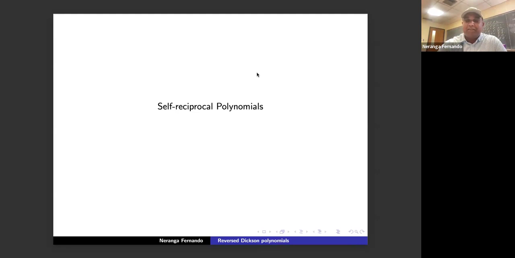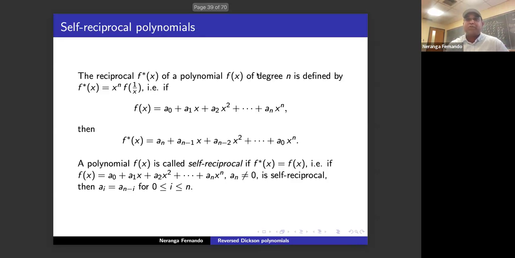And so why did I consider self-reciprocal polynomials, and what are self-reciprocal polynomials? So those are the two main questions here. Self-reciprocal polynomials are simply polynomials whose coefficients form a palindrome. Or you can say polynomials that are equal to their reciprocal.